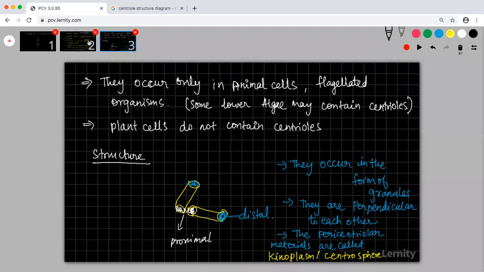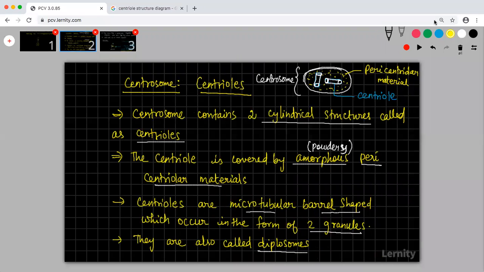So please note that the pericentriolar material is also called as kinoplasm.